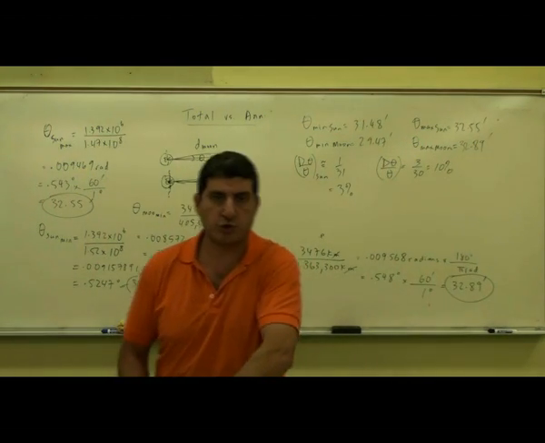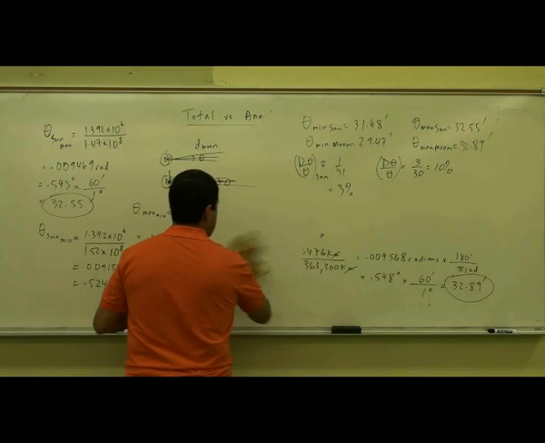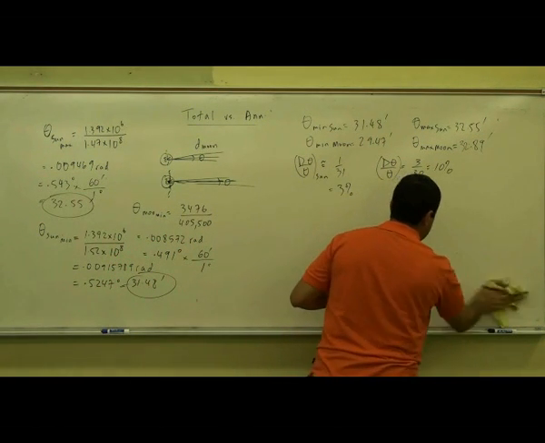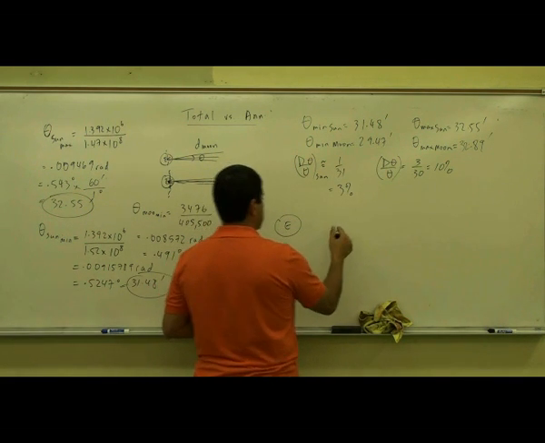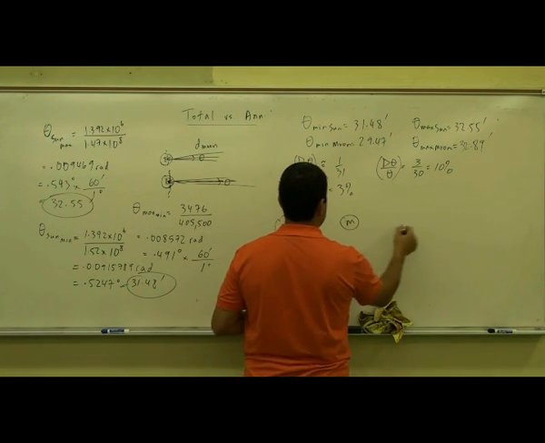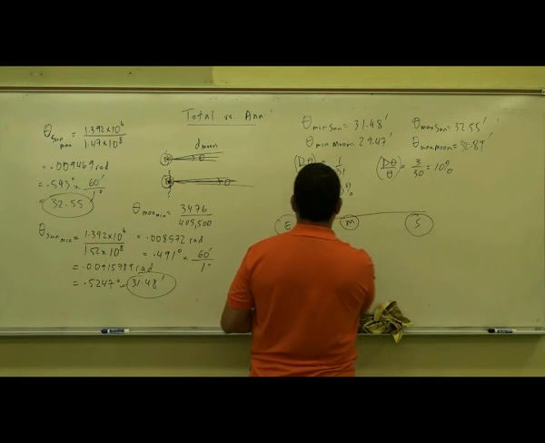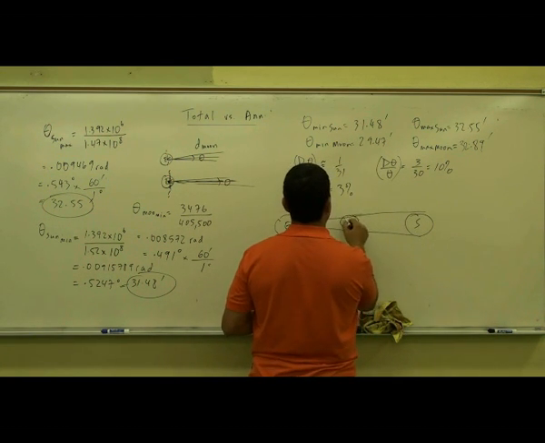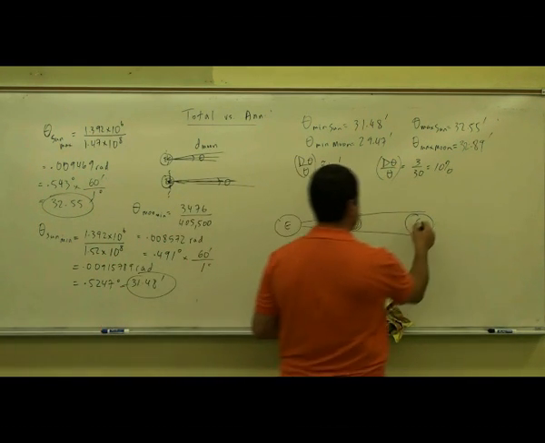Now let's bring this to the topic of solar eclipses. When the moon happens to be in the new moon phase, let's say this is the Earth, this is the moon, and here is the sun. So the idea is, can the moon totally cover the sun?